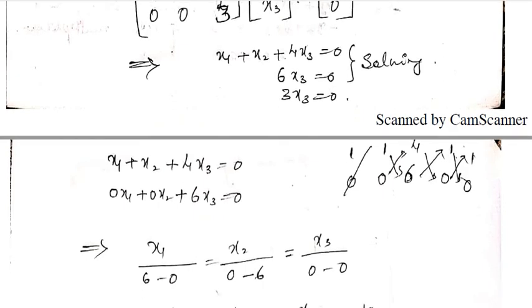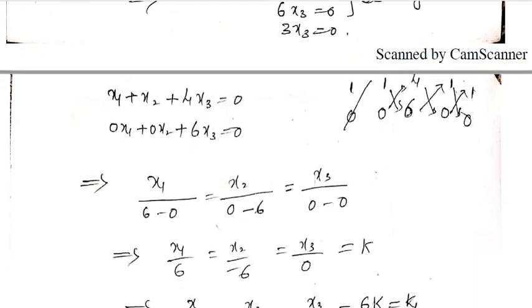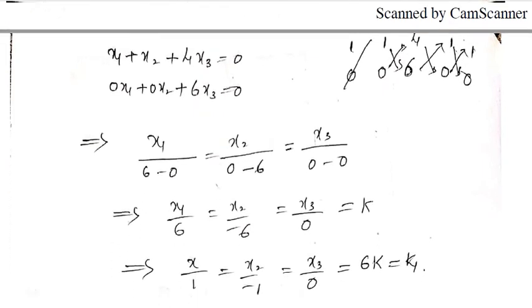Already we know various methods to solve a linear system of equations. Here we can use Cramer's rule, or the trial and error method, or the rule of cross multiplication. Here I have employed the rule of cross multiplication. I have taken the first and the second equation.